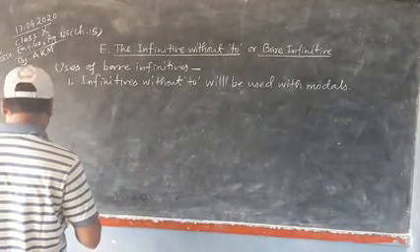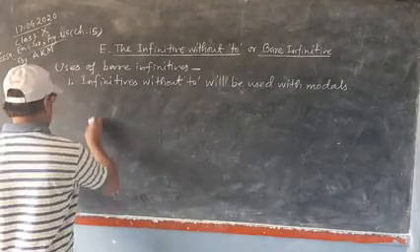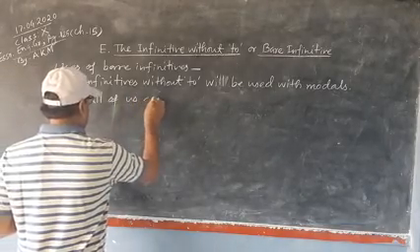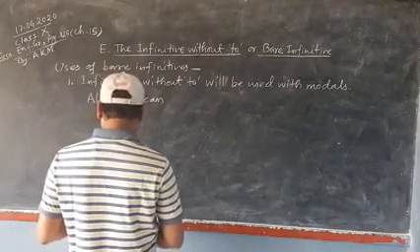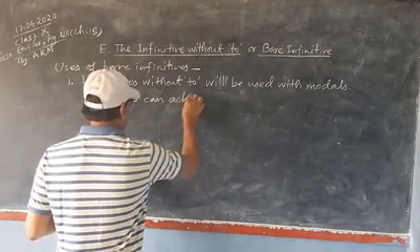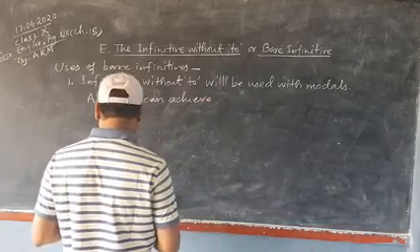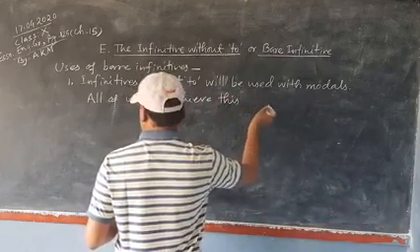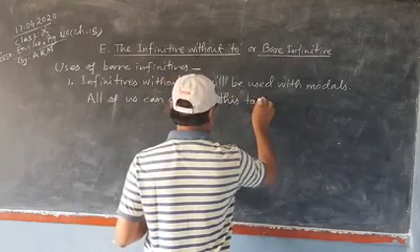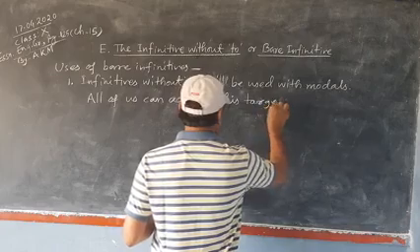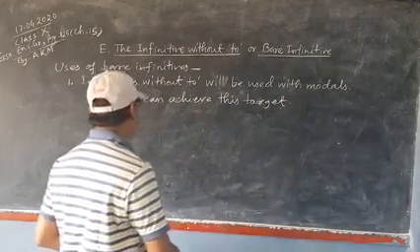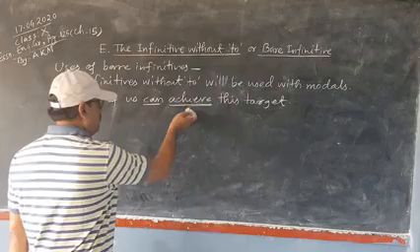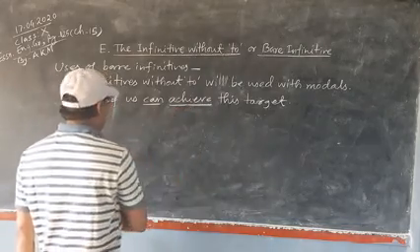For example, all of us can achieve this target here. Can achieve. So can, this verb, is a bare infinitive.